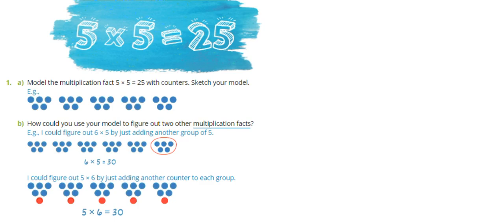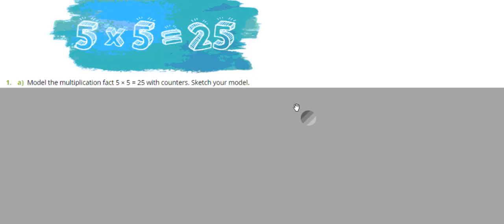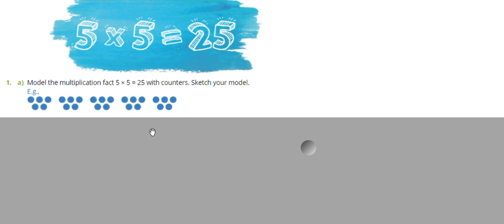Okay, let's hide some of that. All right. So it says to model the multiplication fact 5 times 5 equals 25 with counters, sketch your model. Rather than me drawing it out, I'm just using the sketches that came with our Math Up program. So here's an example. When it says model with counters, it means just draw little circles.